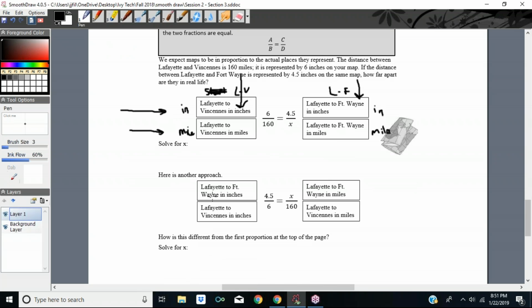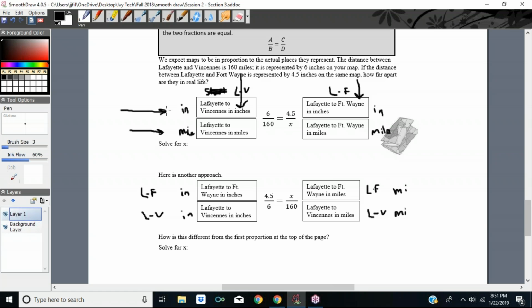If we look at this one, now it has inches to inches, and it has Lafayette to Fort Wayne, Lafayette to Vincennes. Notice, to keep things consistent, we have to have Lafayette to Fort Wayne across from the other one in Lafayette to Vincennes. These are miles and miles.